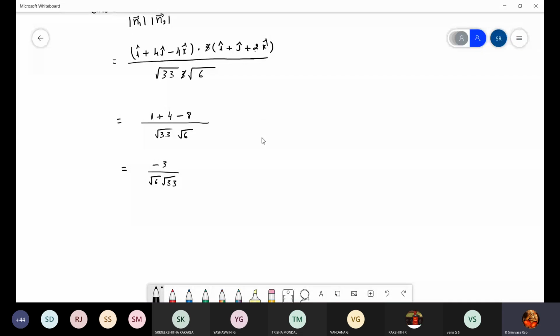This is cos theta. But this is not the final answer, because our question is you have to calculate the angle. Angle is nothing but theta, not cos theta. Therefore, theta equals cos inverse of minus 3 divided by root 6 into root 33.